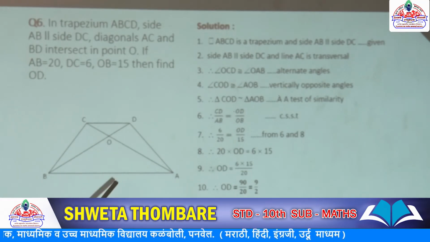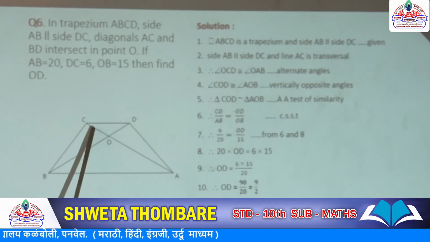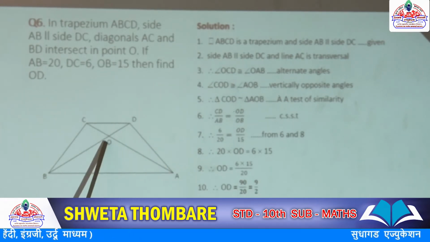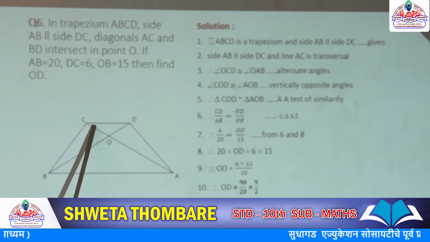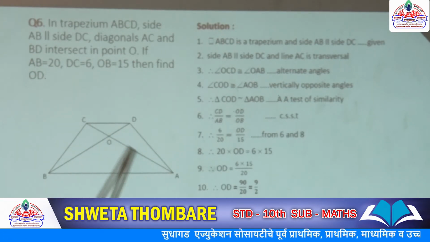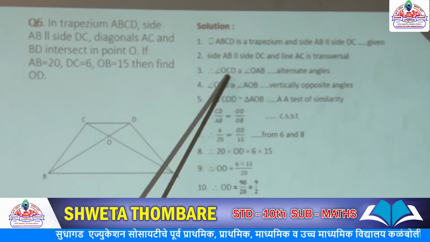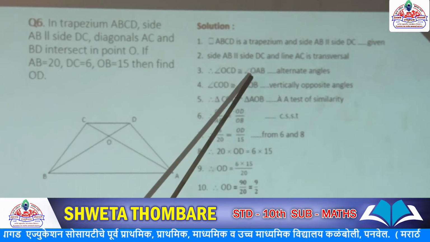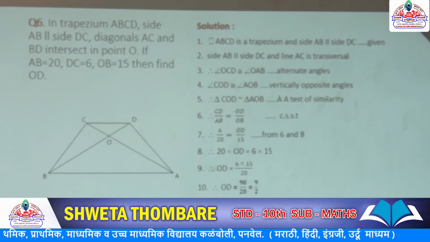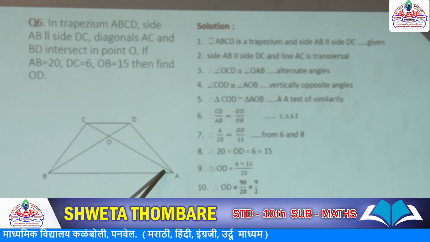So angle OCD is congruent with angle OAB, and we give the reason as alternate angles. Now here one pair of angles we showed congruent.